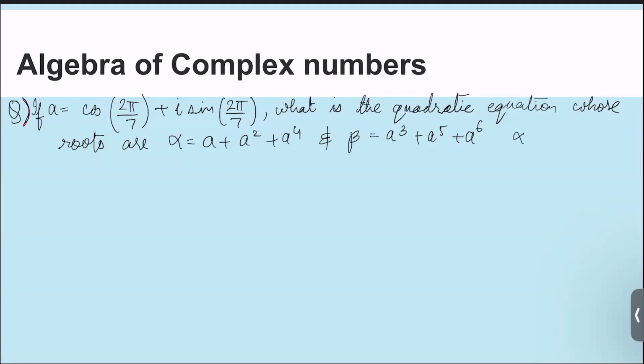So alpha and beta are roots of the equation.